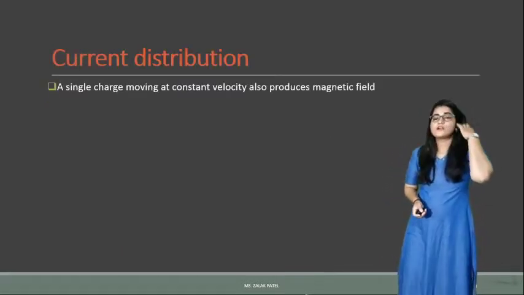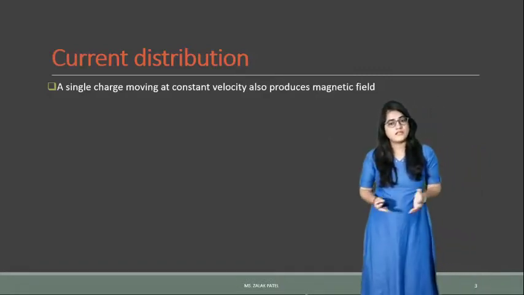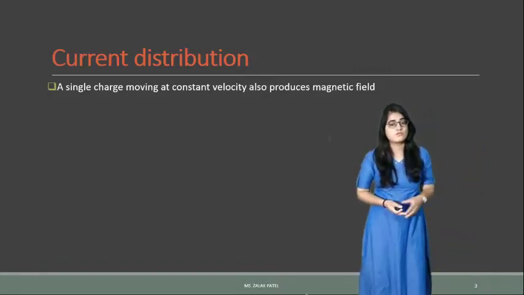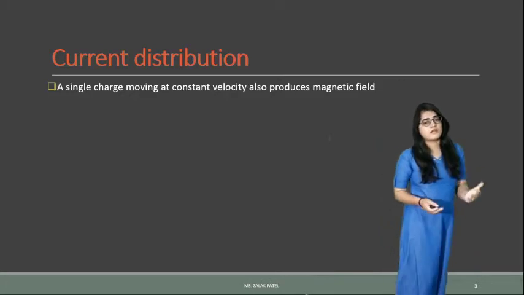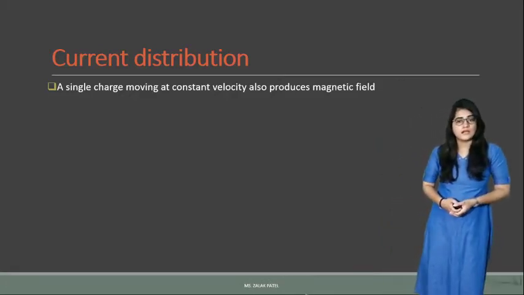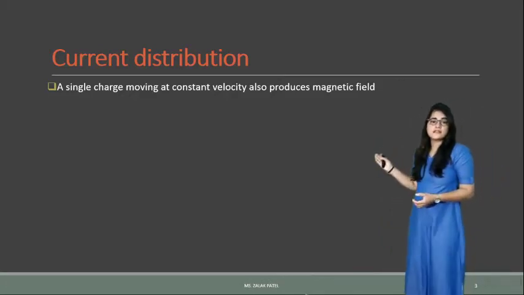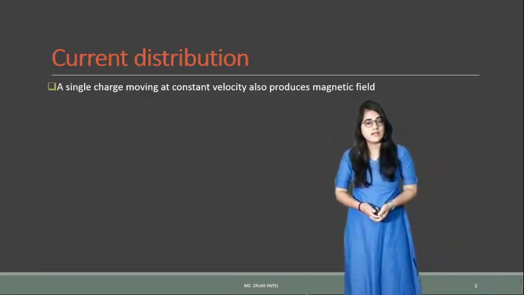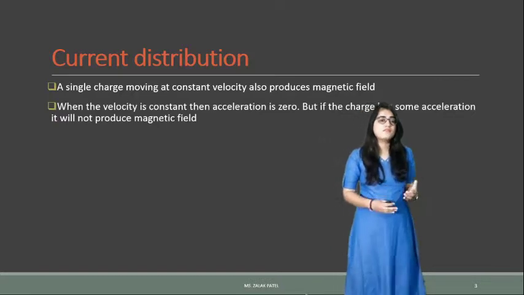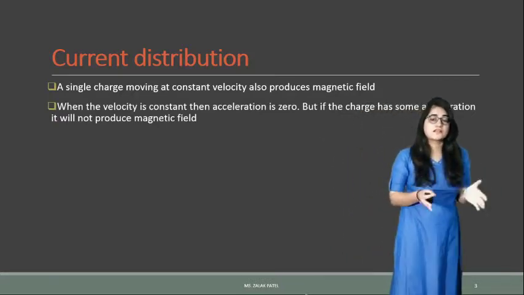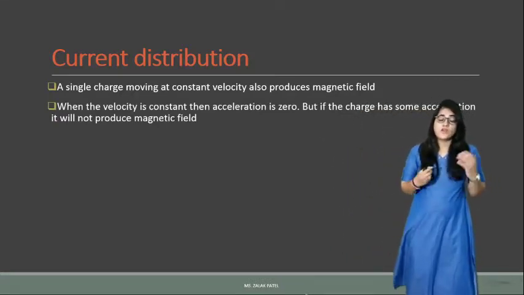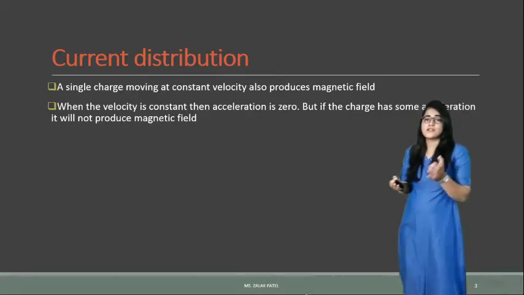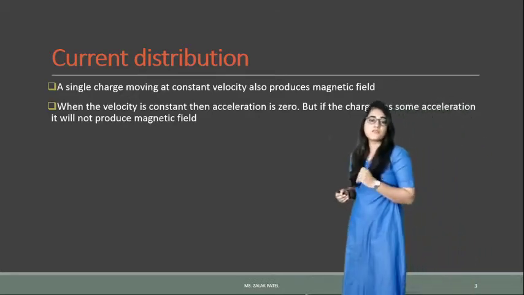Now, what type of current distribution is that? We have seen different charge distributions, but when we talk about the magnetic field, we have to consider current distribution. Any single charge moving at a constant velocity can produce a magnetic field. When the velocity is constant, the acceleration is zero, because acceleration is the rate of change of velocity with respect to time.